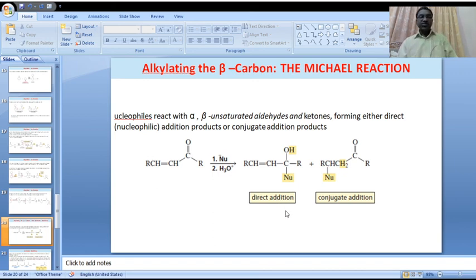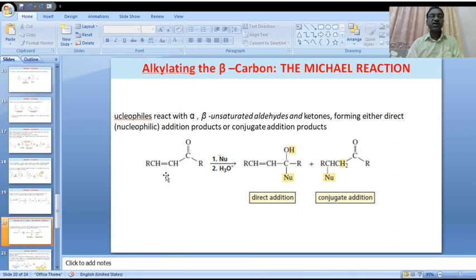The other type of addition is conjugate addition. Here please observe. In this addition the nucleophile attacks the beta carbon.